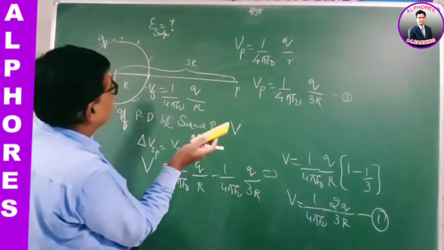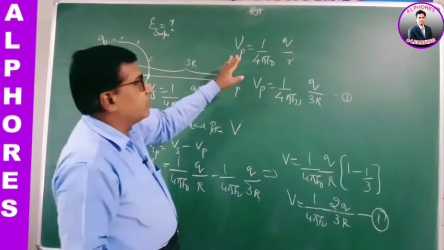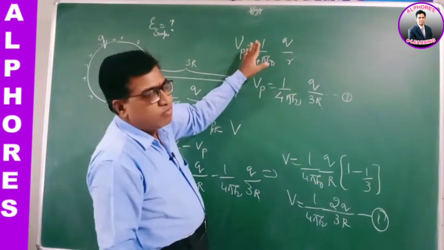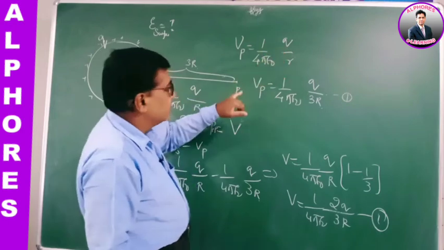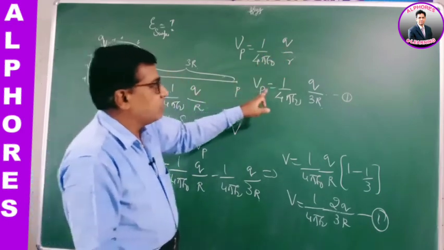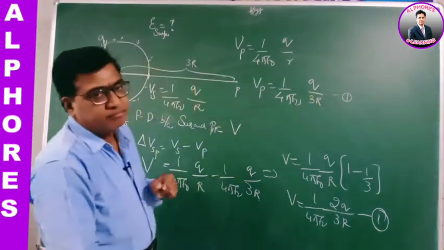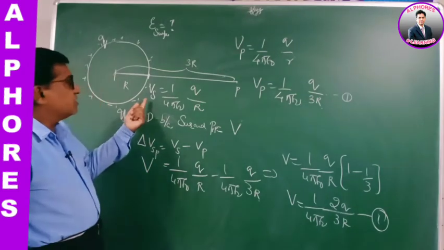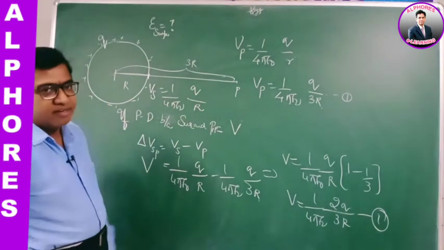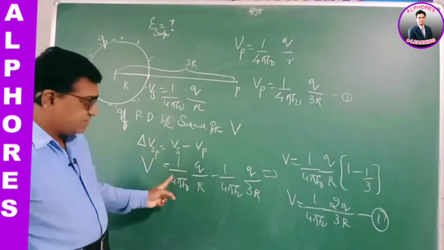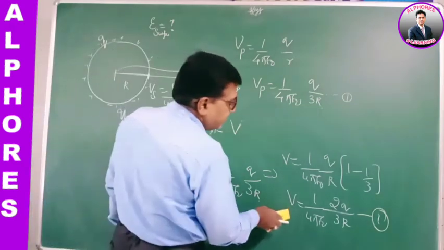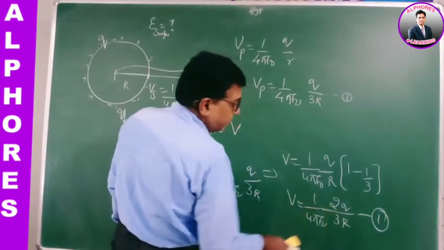Let us consider the charge on the sphere to be q. Then we know the potential at any outside point is 1 by 4 pi epsilon q by r. So at a point P which is at a distance 3r, potential is 1 by 4 pi epsilon q by 3r. Then potential on the surface is 1 by 4 pi epsilon q by r. So the potential difference, substituting, the first relation we get is V is 1 by 4 pi epsilon 2q by 3r.